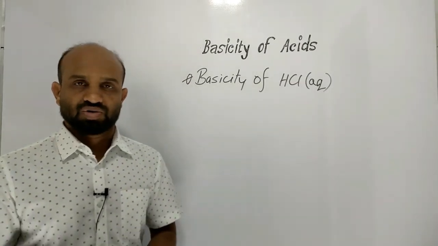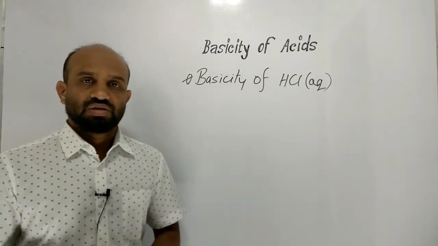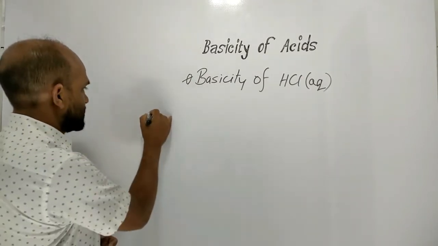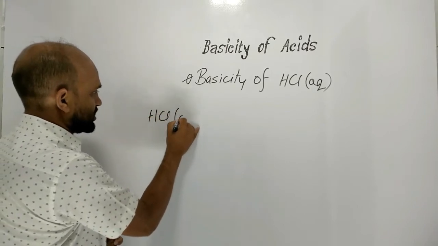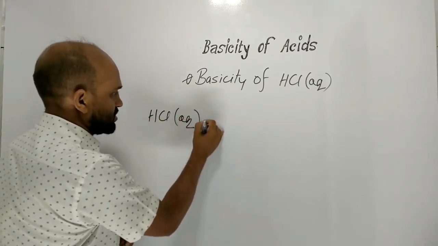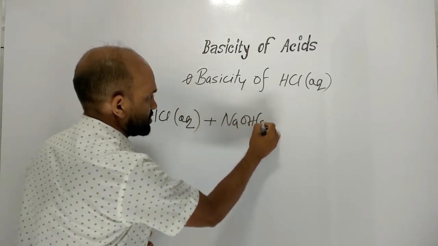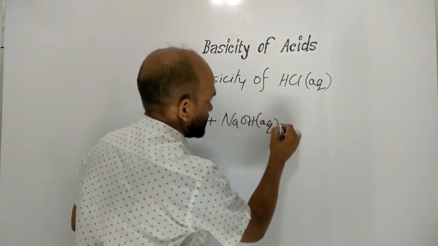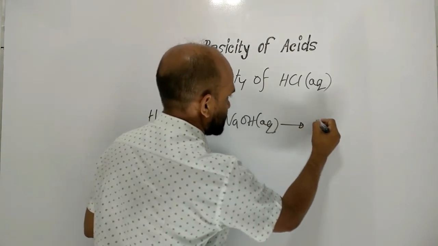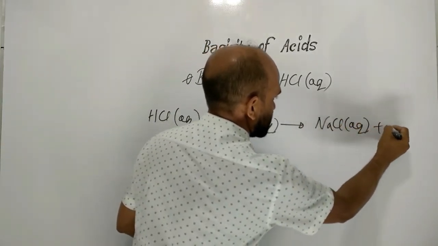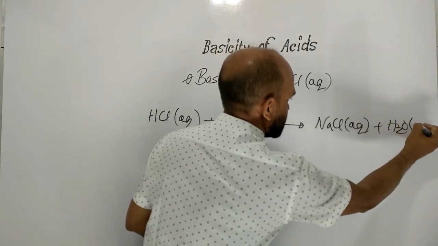Basicity of hydrochloric acid. Let's see what is the basicity of hydrochloric acid. Hydrochloric acid reacts with sodium hydroxide and produces sodium chloride and water.